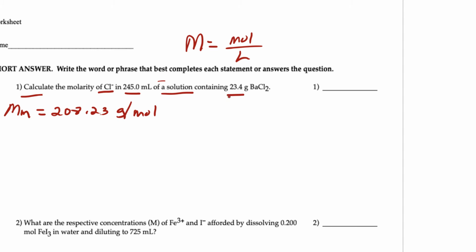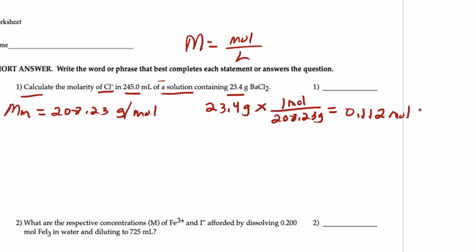I'm going to divide the 23.4 grams by the molar mass, 208.23 grams per mole, and I'll put that into my calculator. So we have 0.112 moles of barium chloride.